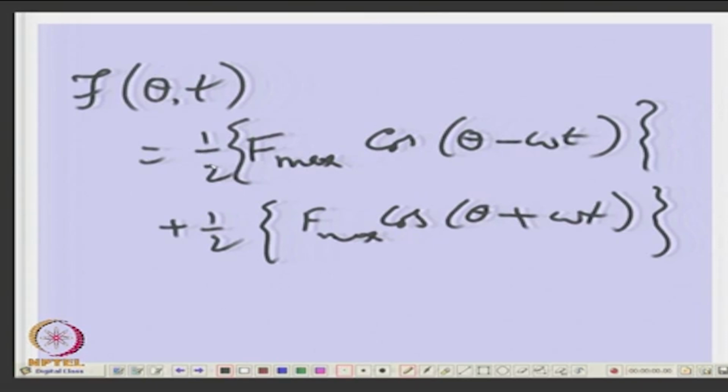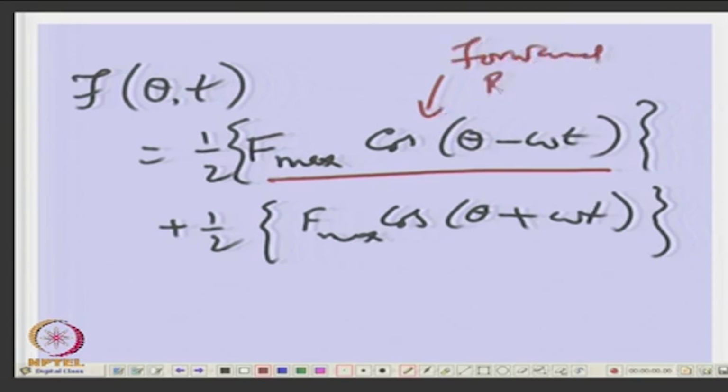right. Now, each of these represents a different type of field. What will cos (theta minus omega t) represent? Magnitude is same. What does it represent? It is a rotating field. So, this is a forward rotating field, and this is a backward rotating field.